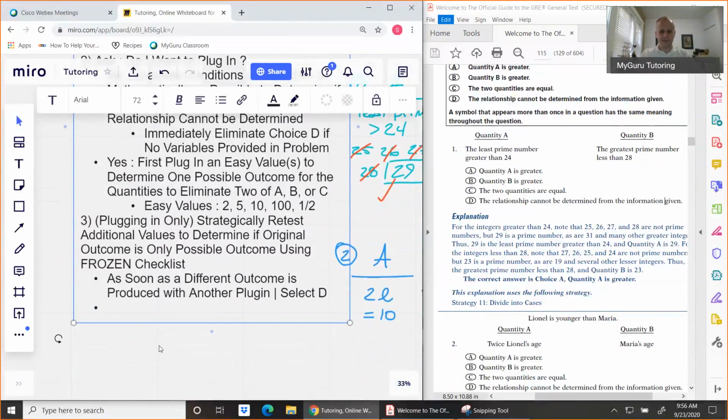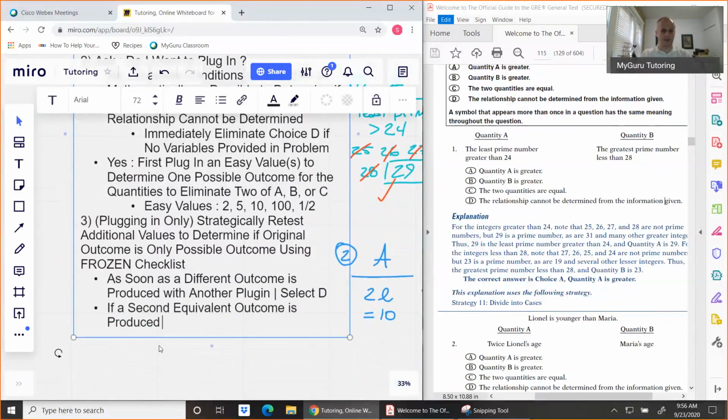Then if a second equivalent is produced, meaning basically you've got C twice with another plugin, then you'll select C.